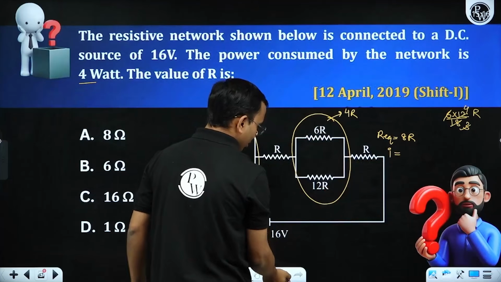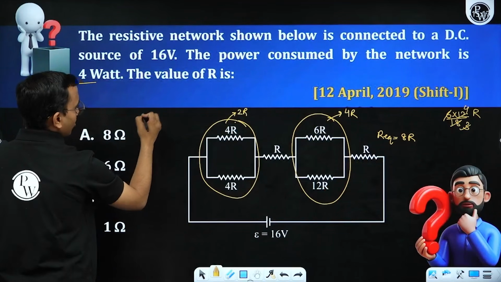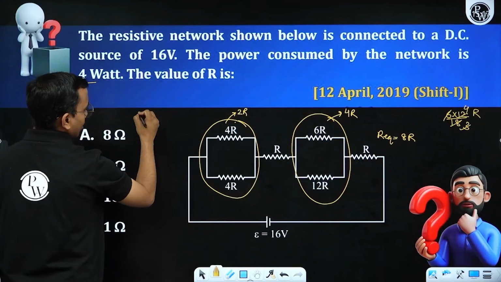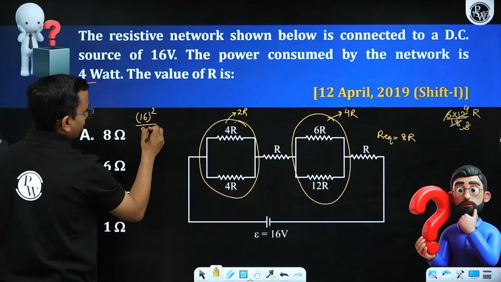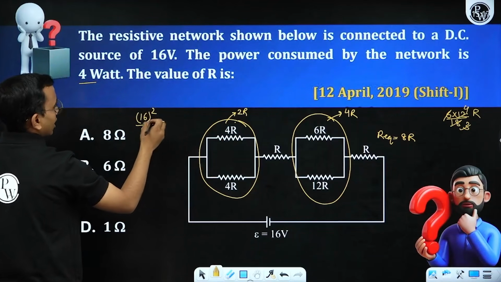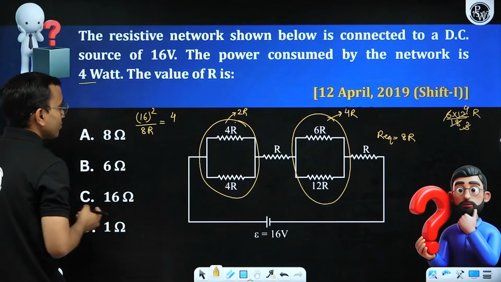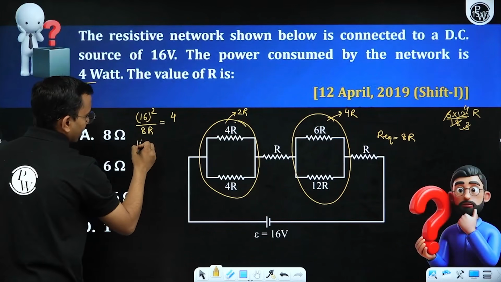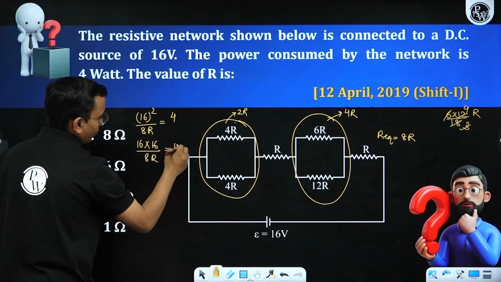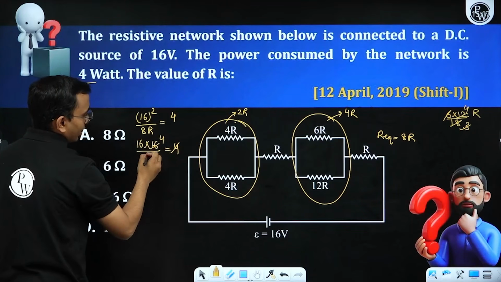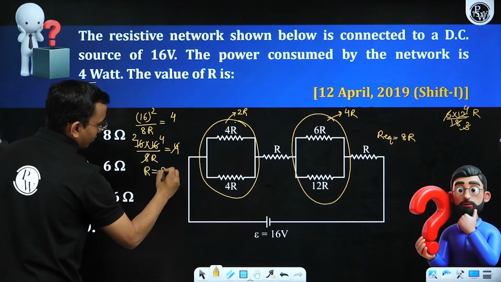Or I can equate the power, I can just write V square by R. So power is V square by R, V is 16, so 16 square divided by 8R, and this is given to us as 4 watt. Simplifying, 16 into 16 divided by 8R is equal to 4. So R comes out to be 8 ohm.